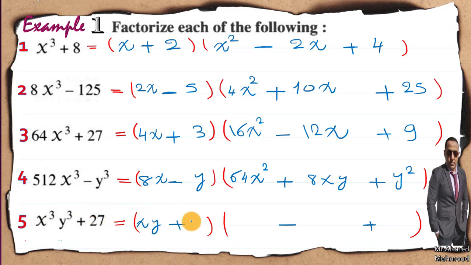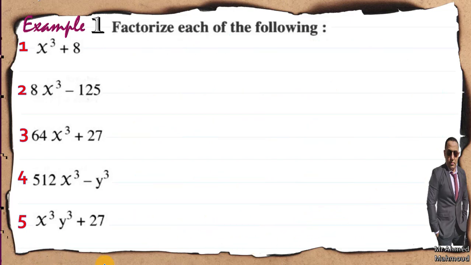Cubic root 27 is 3. First power of 2 xy all power of 2 means x power of 2 y power of 2. Second power of 2, 3 power of 2 equals 9. And finally, first times second, xy times 3 equals 3xy. Number 6.